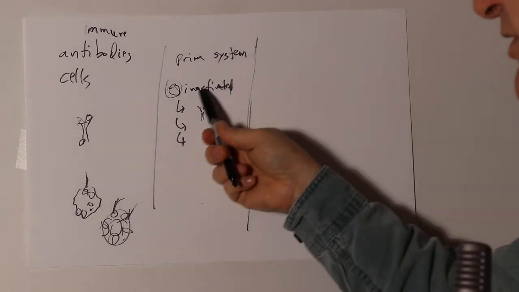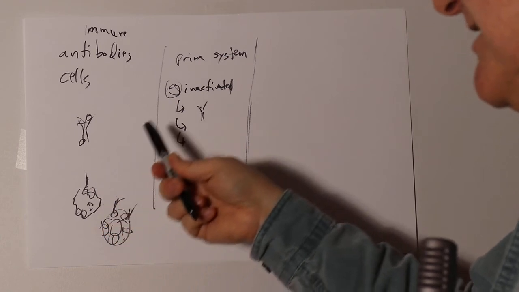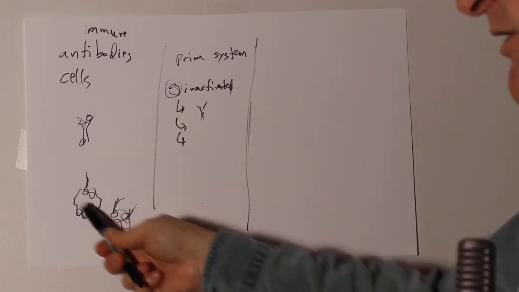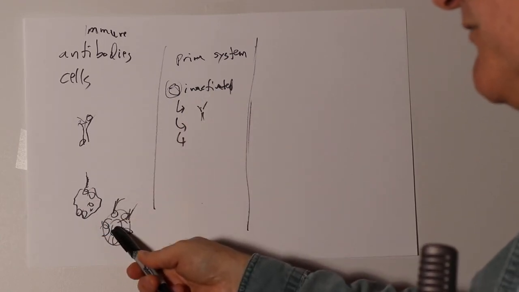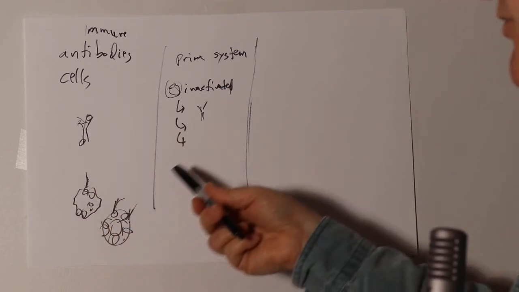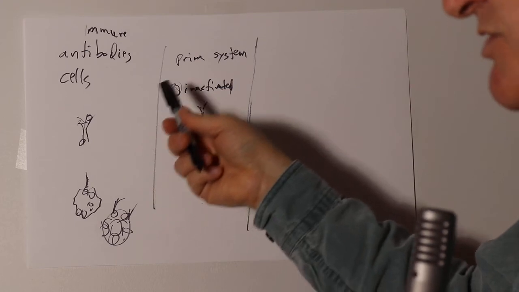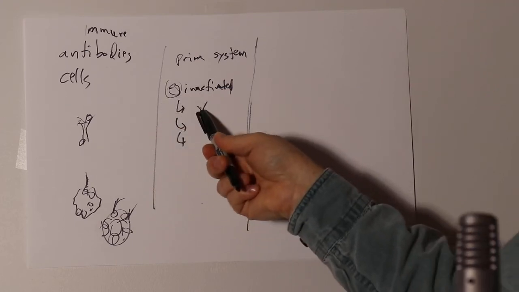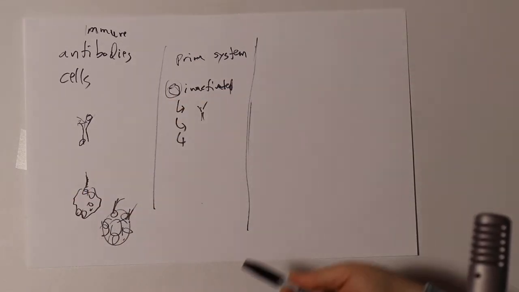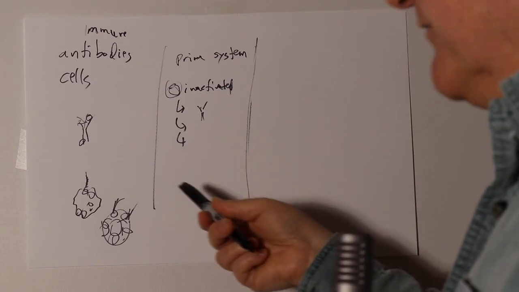One problem is that if you treat the virus too harshly, you disrupt the protein structure, and then the antibodies that you make wouldn't cross-react with the full intact virus.